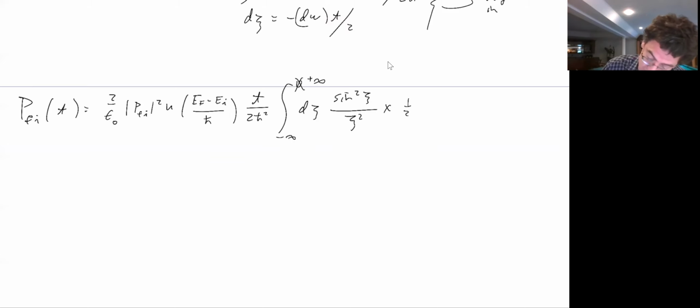And so we can see that this integral is our old friend pi. There it is.